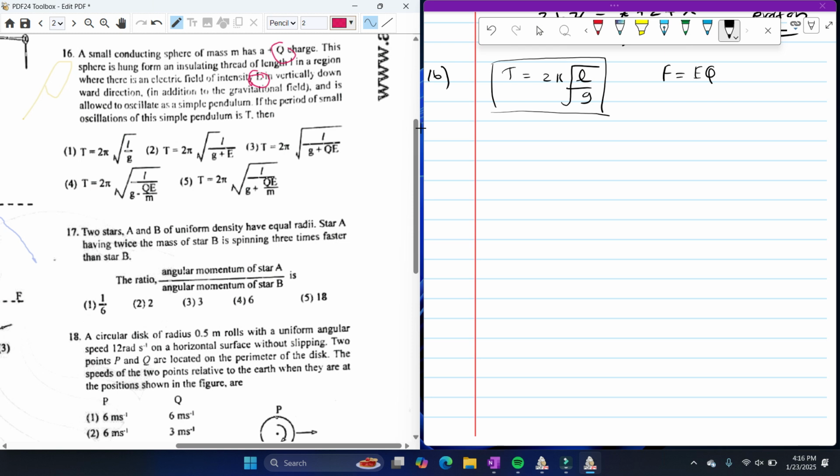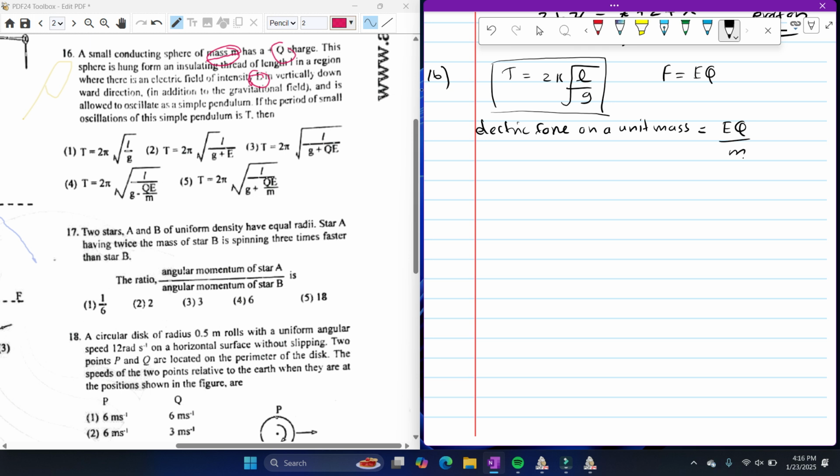The electric force on a unit mass is EQ divided by m.